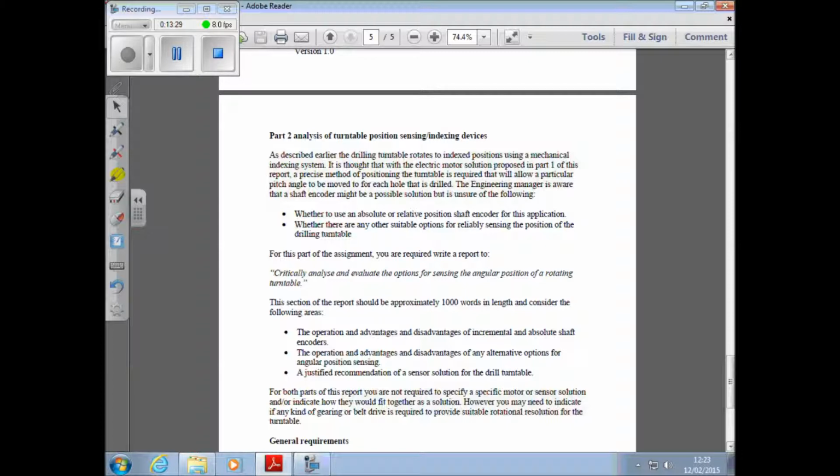So, for this part of the assignment, you're required to write a report 2. Critically analyse and evaluate the options for sensing the angular position of a rotating turntable.